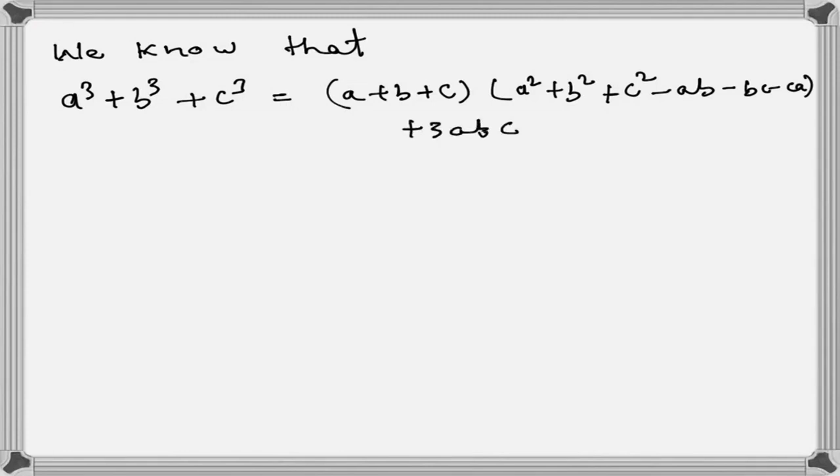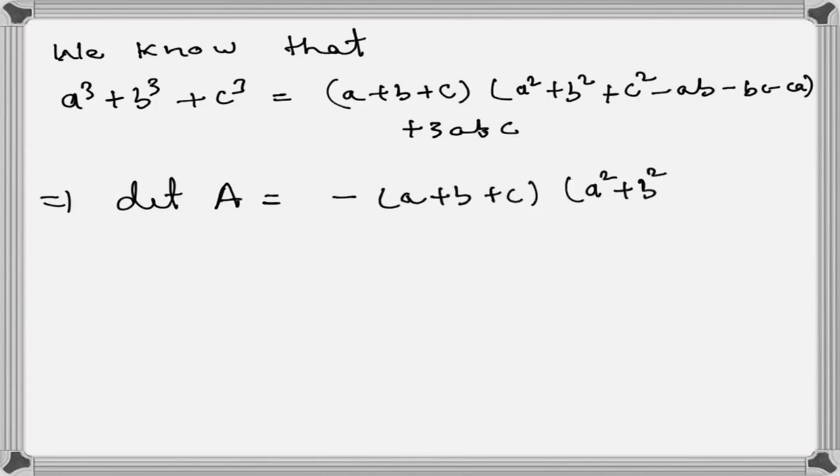So this implies that determinant of A is equals to minus of A plus B plus C, A square plus B square plus C square minus AB minus BC minus CA. So given A plus B plus C is not 0 and A square plus B square plus C square is also not equals to AB plus BC plus CA, this implies that determinant of A is not 0.